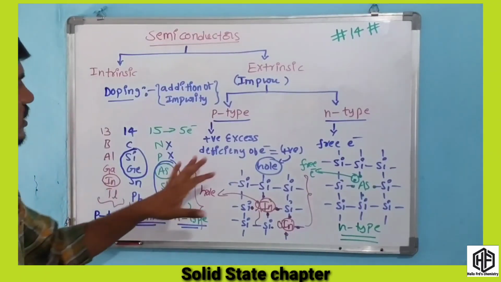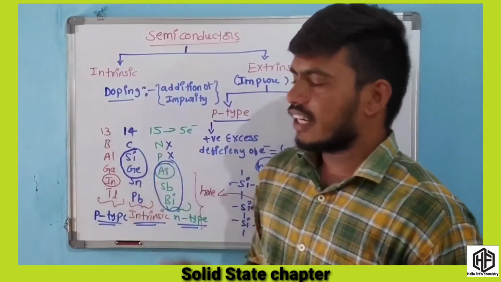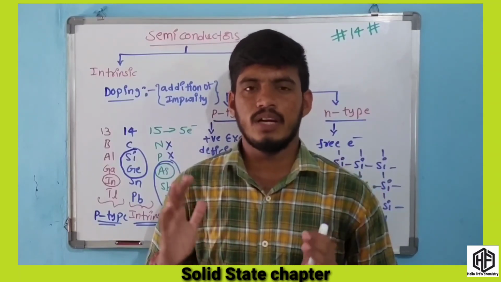Okay friends, this is the p-type semiconductor, the 14th group is the intrinsic semiconductor, and this is the n-type semiconductor. This is the concept of intrinsic and extrinsic semiconductors, that is, n-type and p-type semiconductors.